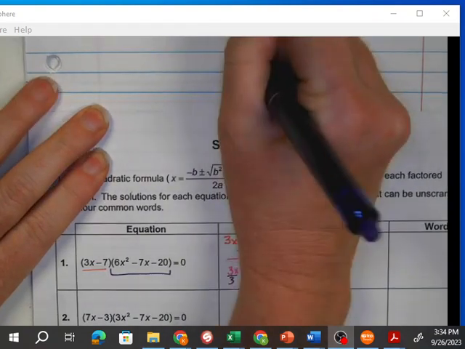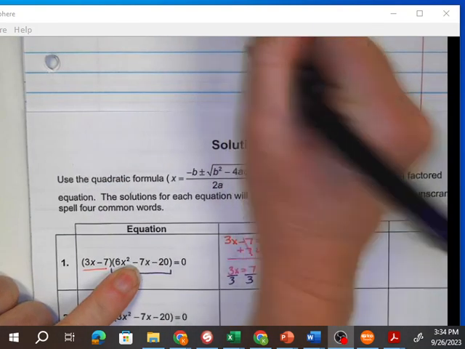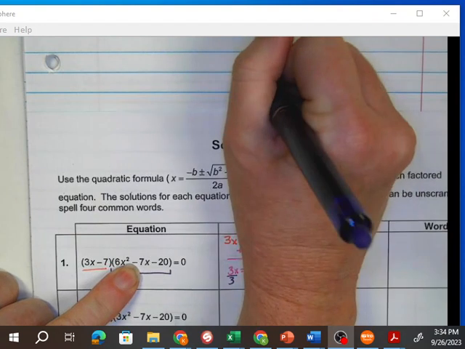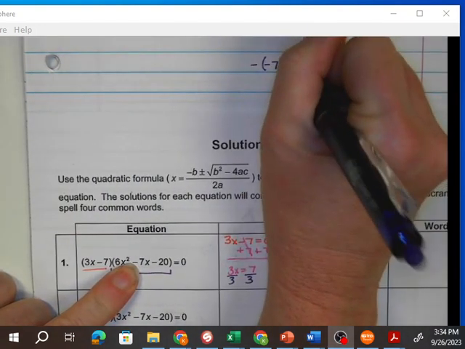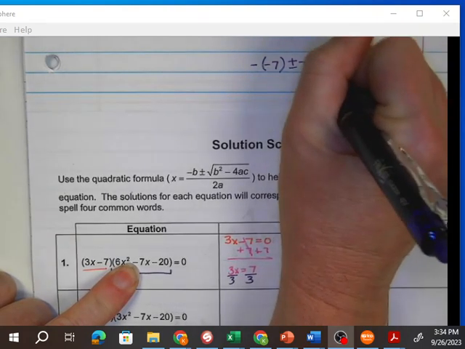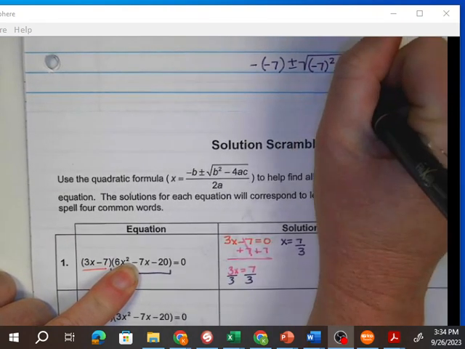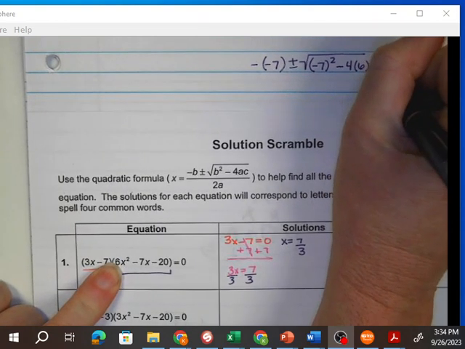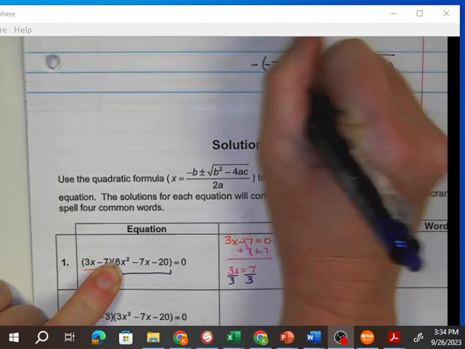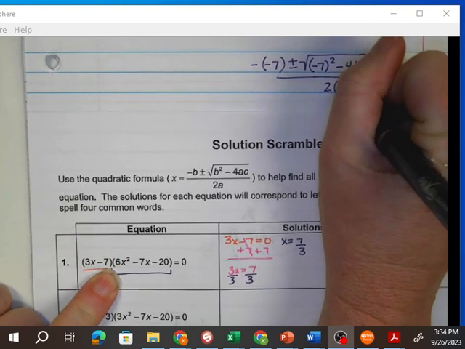So the quadratic formula is negative b. Well, my b is already negative. It's negative 7. So I'm plugging in negative 7 plus or minus the square root of b squared, so that's negative 7 squared, minus 4ac, so that's 6 times negative 20, all over 2a, so that's 2 times 6.